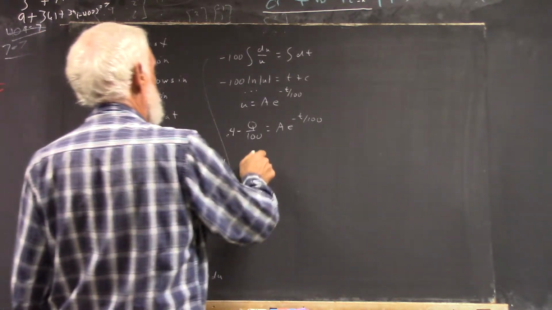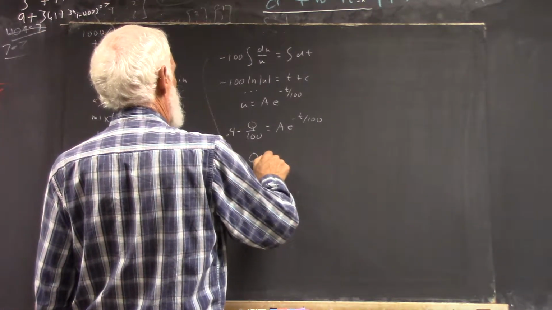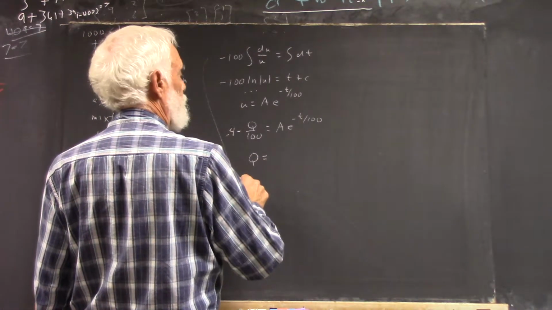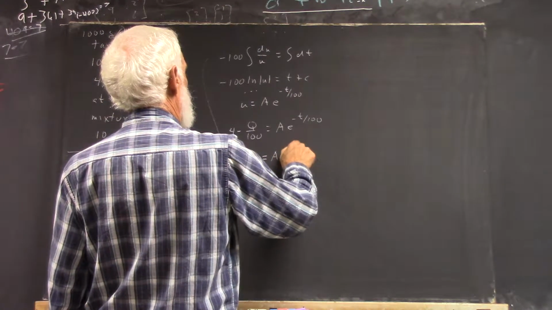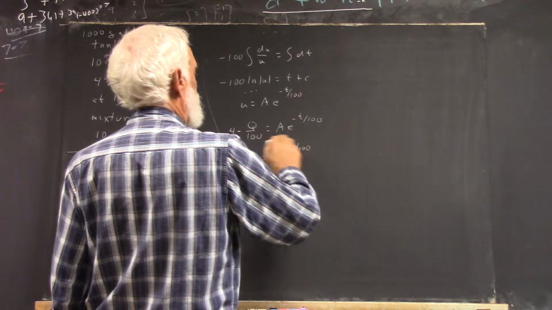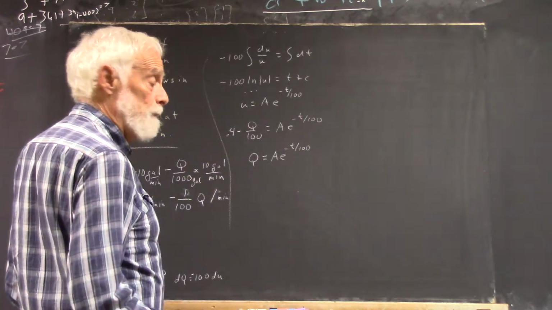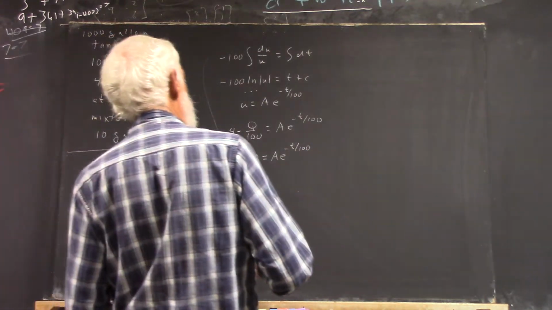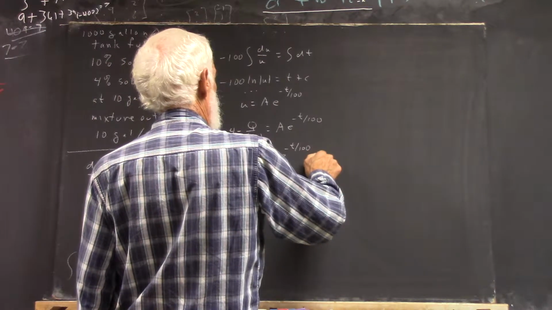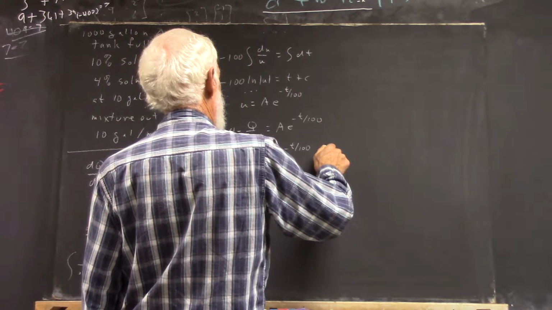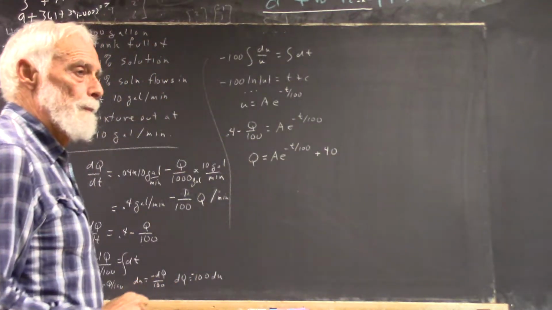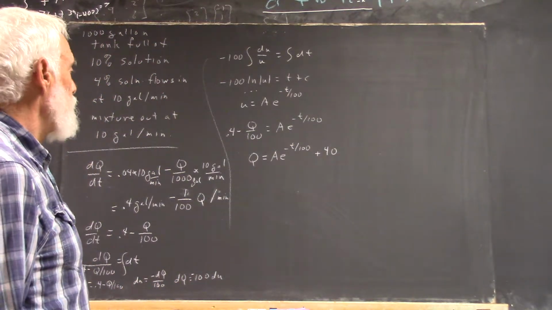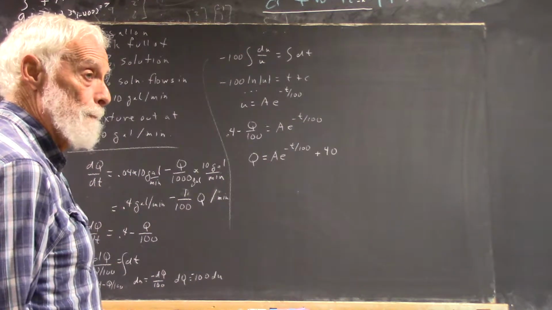Okay, so q equals still a e to the negative t over 100, where a is anything except 0. And it's going to be then plus 40. Okay, and what's this difference of 40?